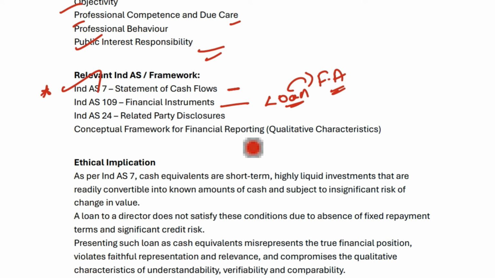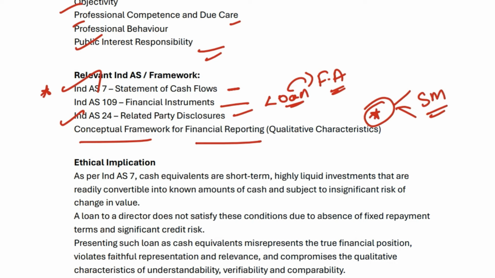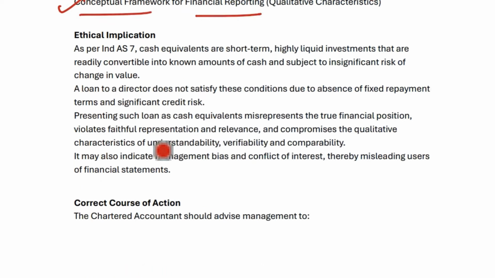Again, you have given it to a director, so related party disclosures. Again, the conceptual framework for financial reporting, qualitative characteristics you have to write. Three characteristics will be there. Refer to the study material for that. For this question specifically, remember that. So these are the relevant Ind AS.